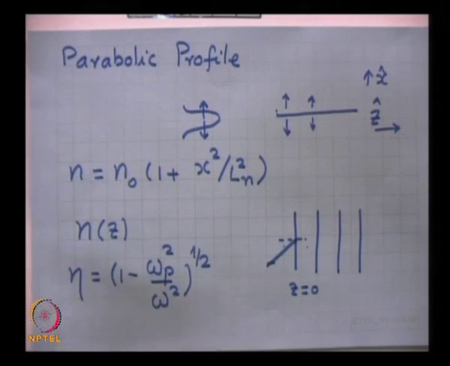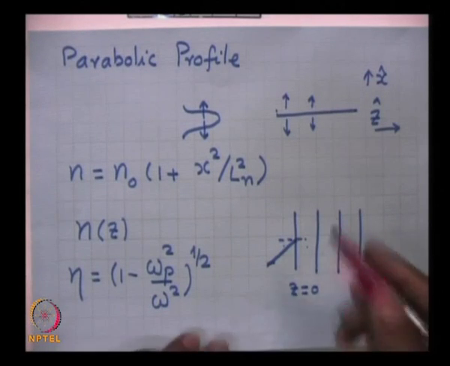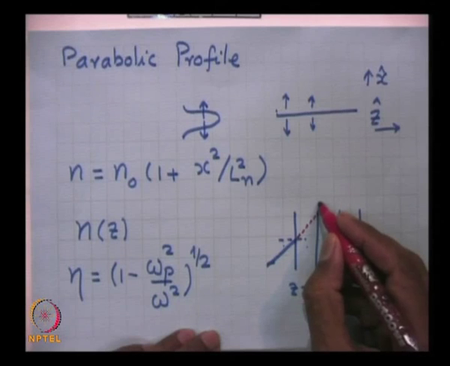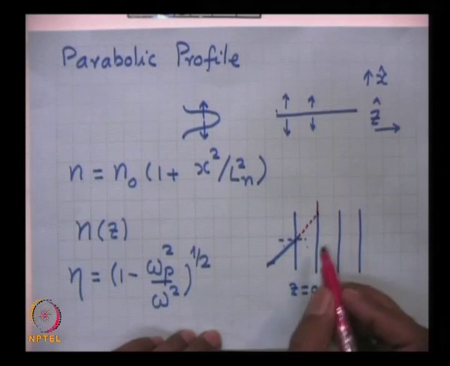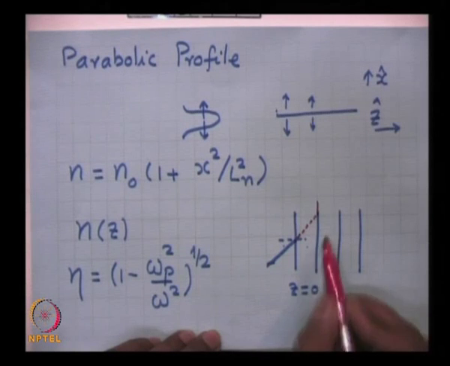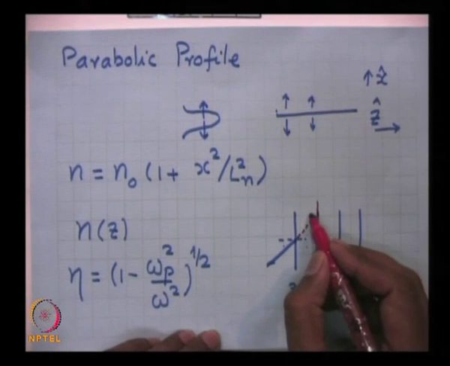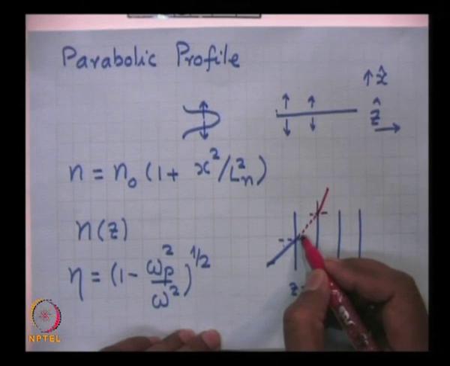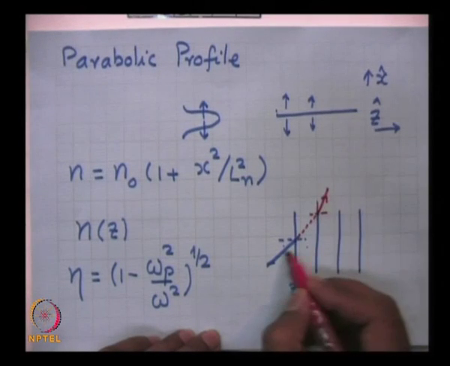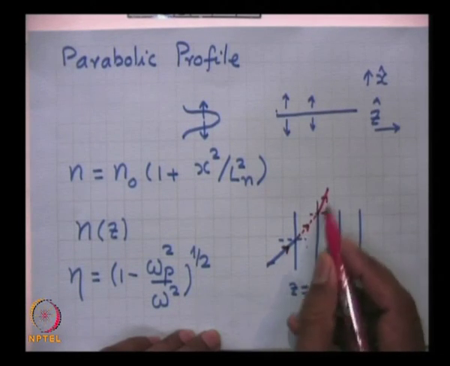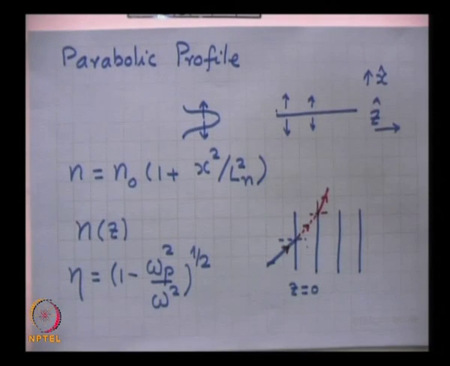I may draw this like this, it will move towards this, and when it strikes the boundary between this layer and this layer, again this will move further away from the normal. So, it may go like this. The ray bends away from the normal as it goes from one medium to another. This is what you physically expect.